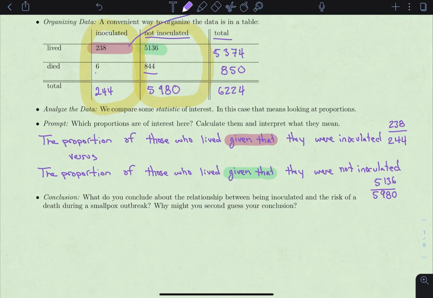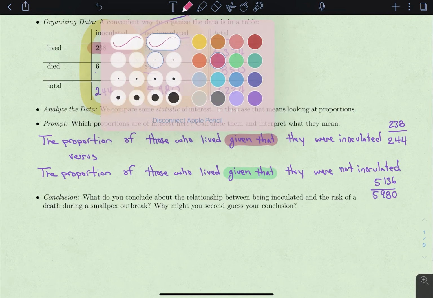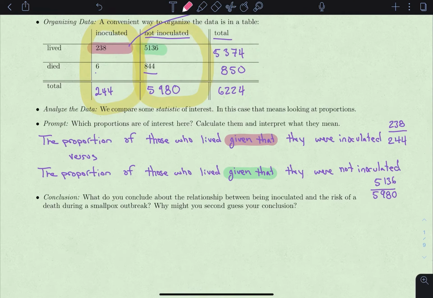So we have two distinct totals here. And let's just make sure we tracked what these numbers were. These were all the people who were inoculated and lived, and we want to compare that to all the people who were inoculated. So actually we should go ahead and calculate that.